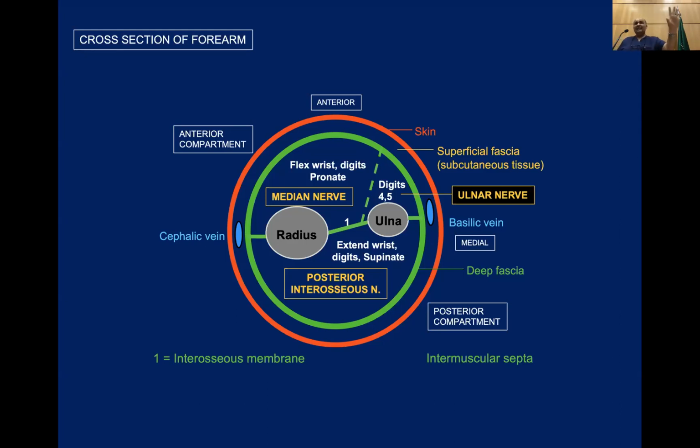So if you understand this, you have understood the whole game plan for the forearm. 40% you have done. Now, the remaining 60% we have to work on. Okay. So this is the deep branch of the radial nerve. Who is this posterior interosseous nerve? This is the deep branch of my radial nerve.